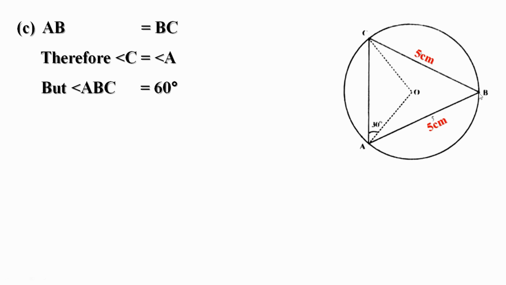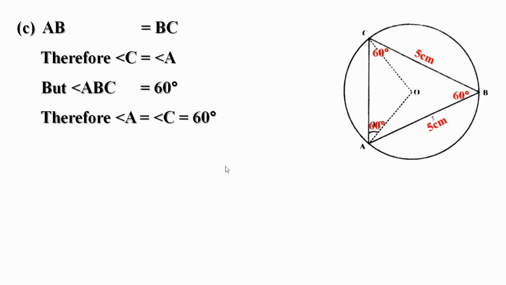Sum of the three angles is 180 and one of the angles is 60. What is remaining now? Only 120. And both angle A and angle C are equal. So both of them should be 60 each. That is angle A equal to 60 degree, angle C equal to 60 degree.